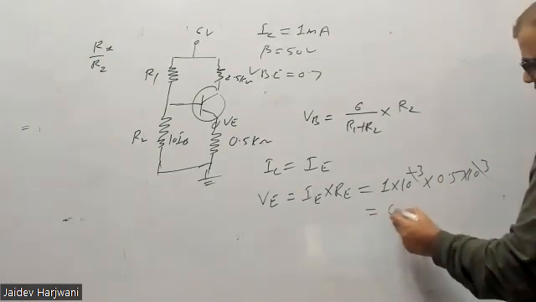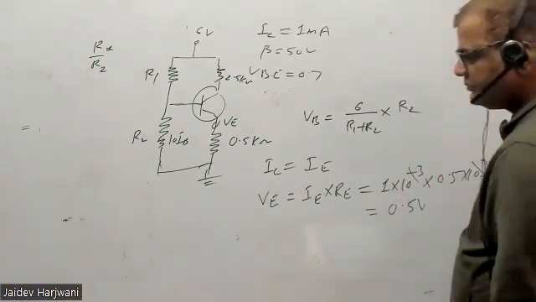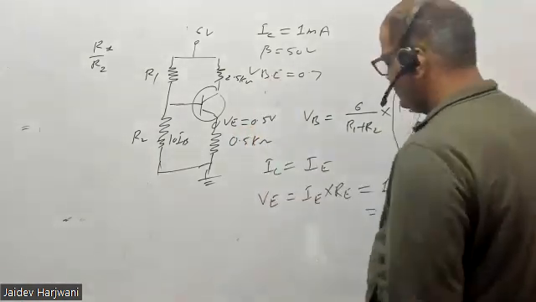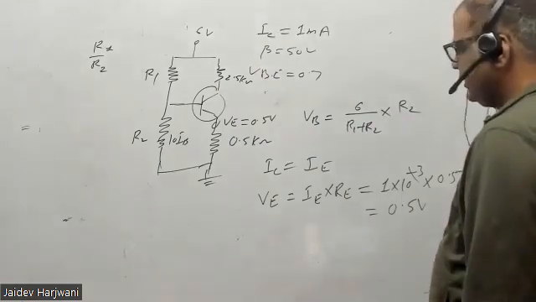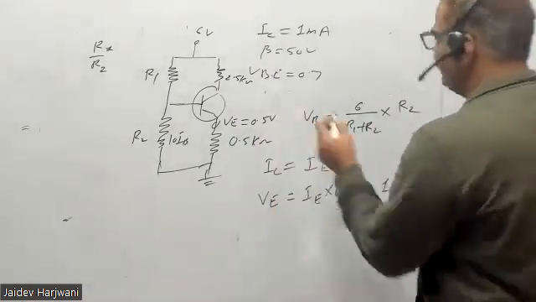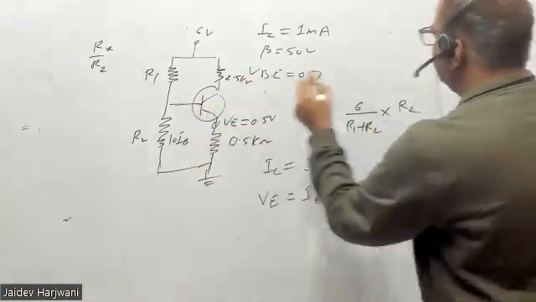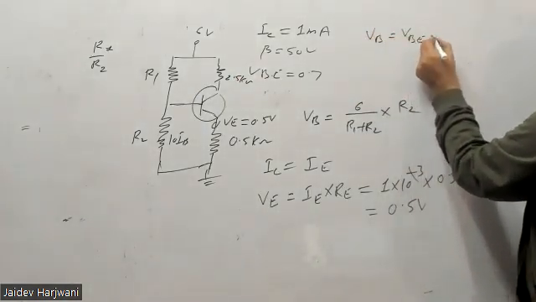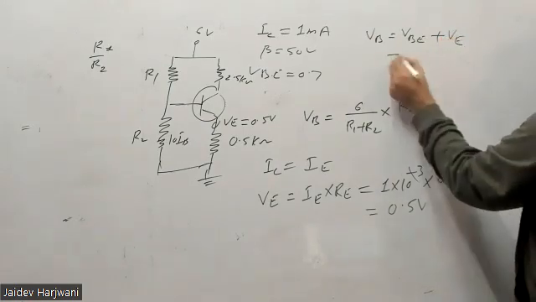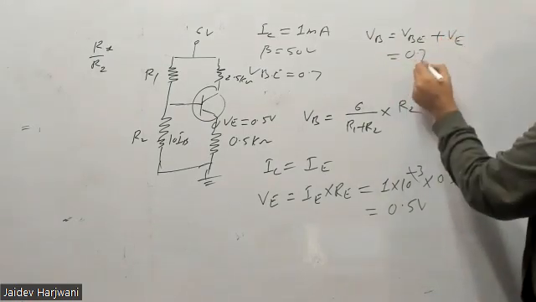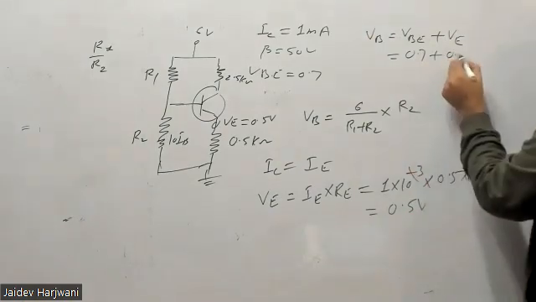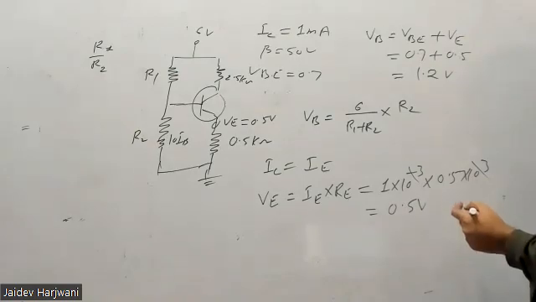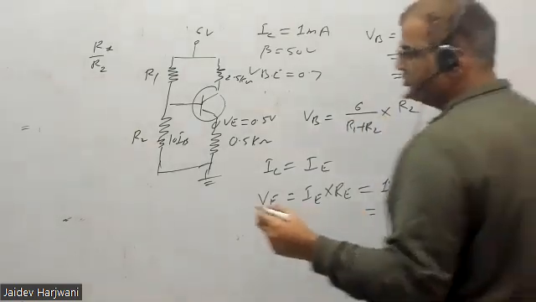This cancels, so it comes 0.5 volt. So VE is 0.5 volt. So I can find VB. VB will be equal to VBE plus VE, 0.7 volt plus 0.5 volt, so VB comes out 1.2 volts.